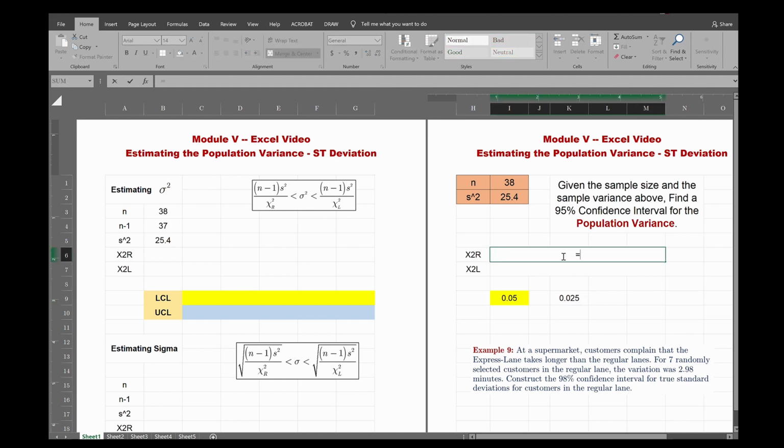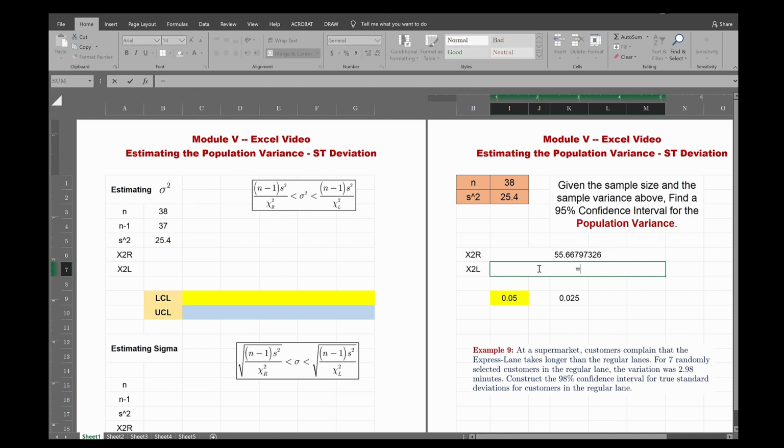So let's type the command chi-square, again, inverse right tail. It says put in the probability, so that's the probability, comma, and the degrees of freedom is always n minus 1, and here there's only one n, so 38 minus 1 is 37. So that's how you find the chi-square right value. Now chi-square left value is the same thing, but without the right tail.